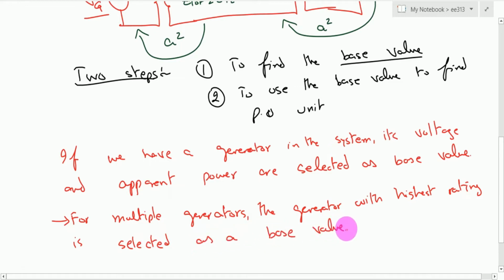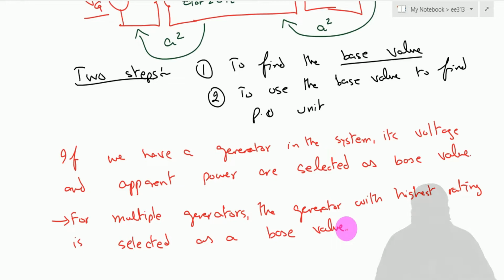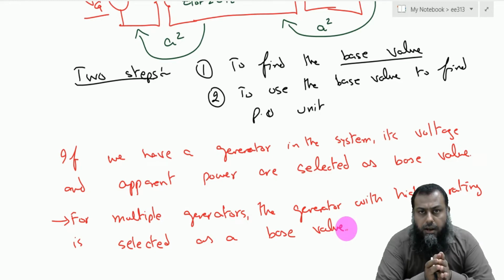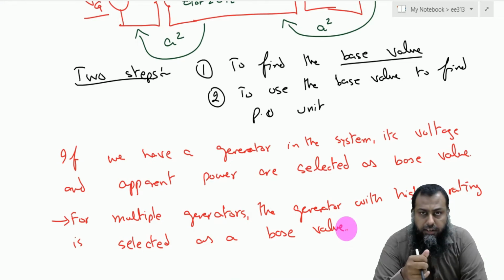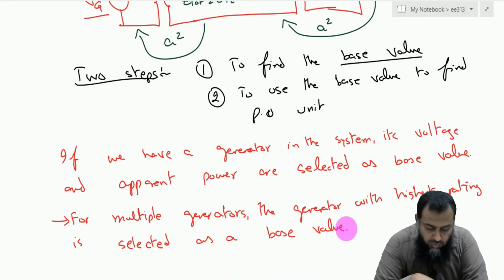If we do not have generators connected in a system, and we have some system that is only a representation of a transmission line, there we can have any point selected as a base value. So the choice is left to the designer, or it's an arbitrary choice, and usually that is left to the perspective of whoever is designing that particular system.